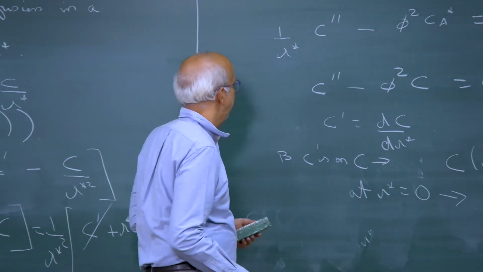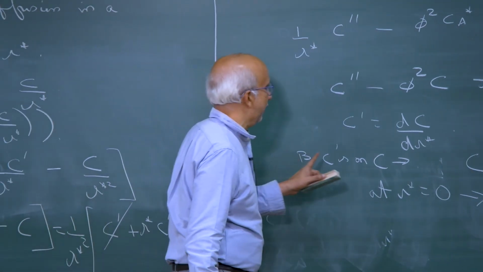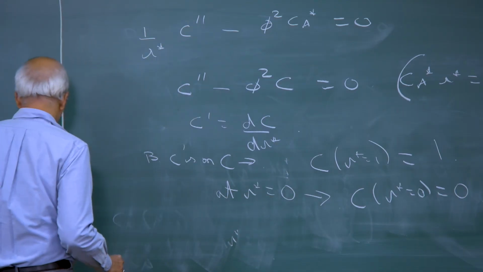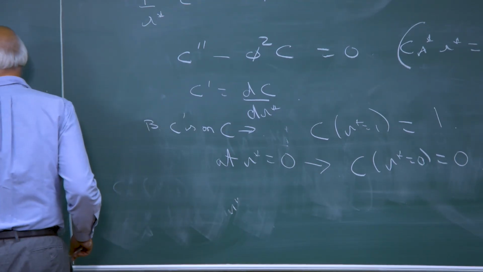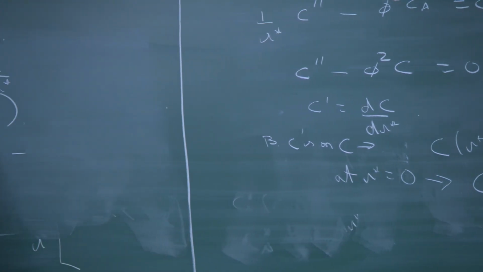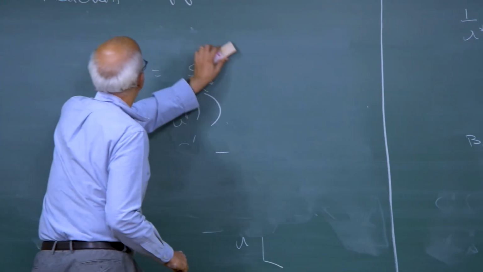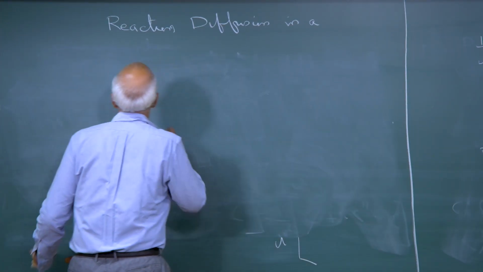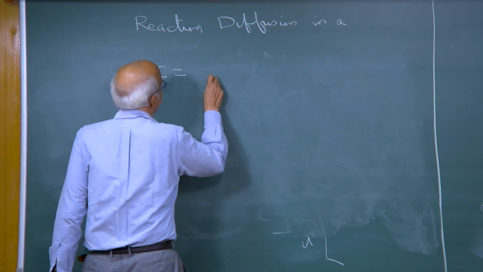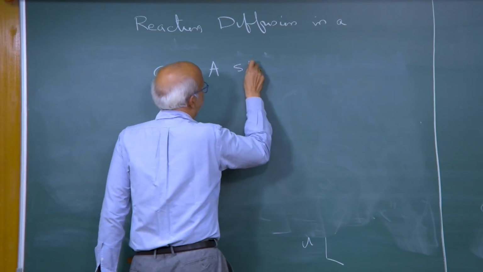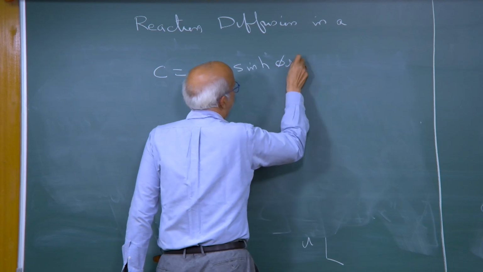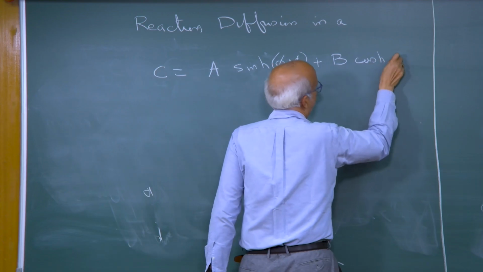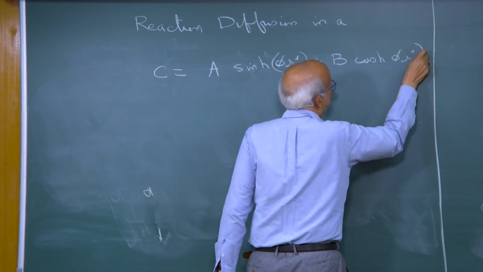Okay. And what are the solutions now? So, I have the differential equation, I have the boundary conditions, I can solve. So, I mean, I can do it in exponential and all that, but I am going to do it in hyperbolic functions. Now, that is easier and faster. So, C I am going to seek as A times sine hyperbolic phi r star plus B cos hyperbolic phi r star.